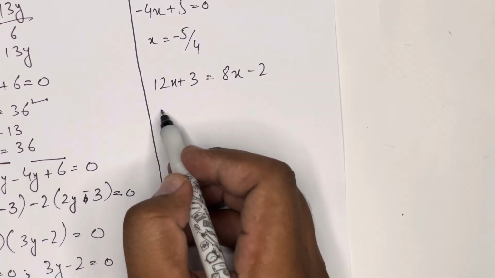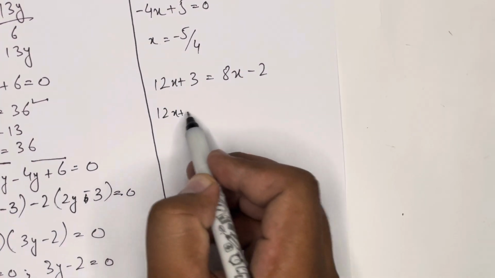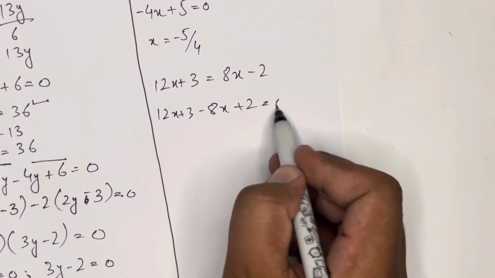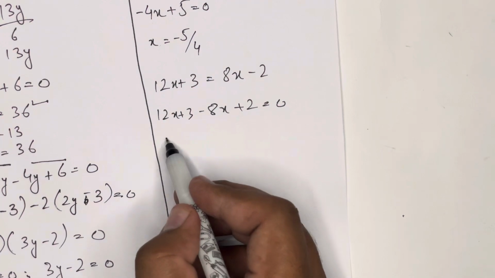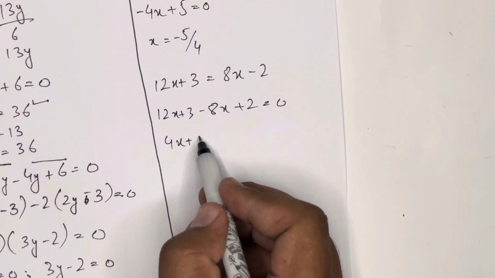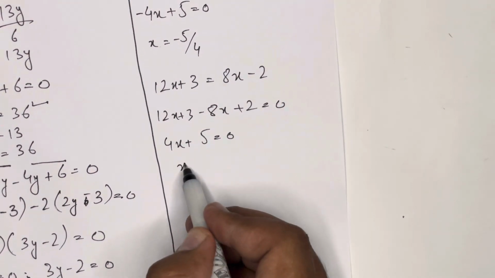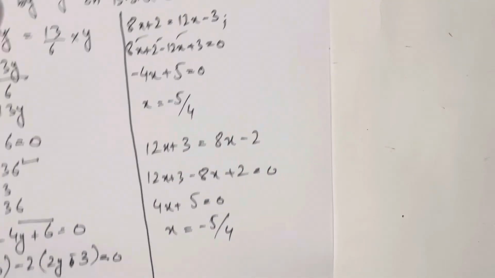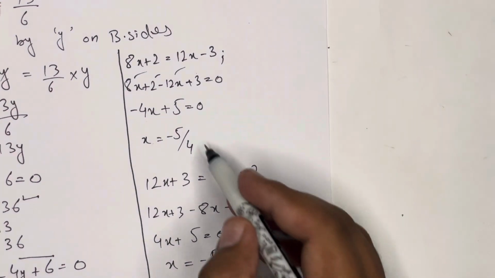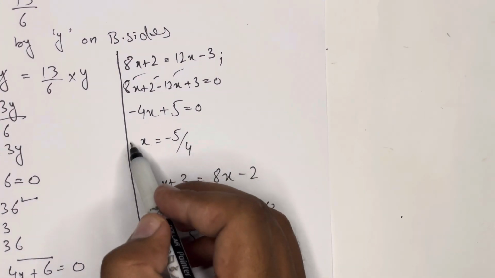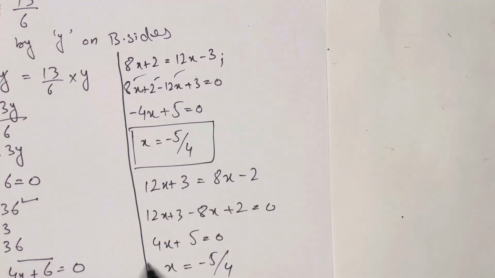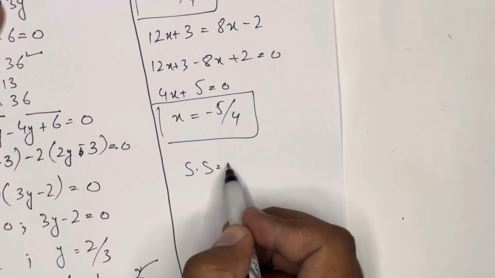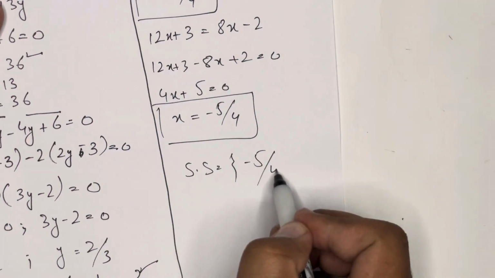So I shift this term here: 12x plus 3 minus 8x plus 2 equal to 0. When I solve this, 4x plus 5 equal to 0, and here the value of x is minus 5 over 4. Here you can see that the value of x is the same for both. So the solution set is equal to minus 5 over 4.